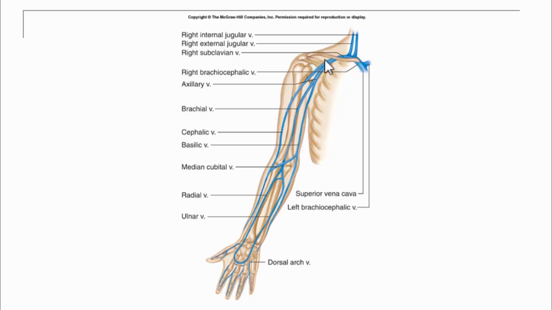If we go back up here and go more superficial, the cephalic vein is on the thumb side. So again, holding your arm out to the side, pointing your thumb upward, the top of your arm is going up toward your head, so that's the cephalic vein. The bottom of your arm forms the base of your arm, so that's the basilic vein right here.